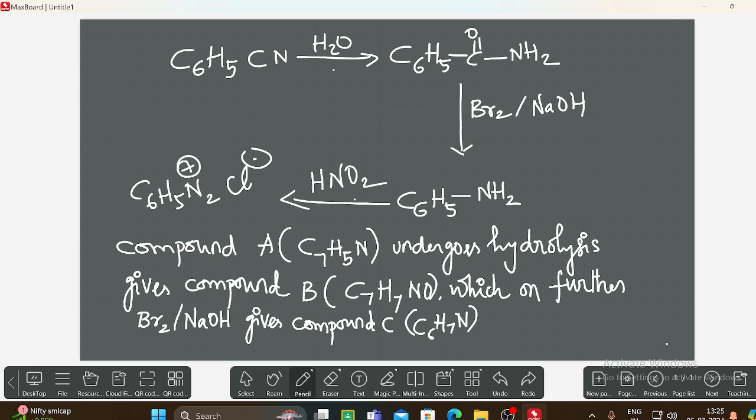Compound C treated with HNO2 gives compound D. Identify the compounds A, B, C, D and write the reaction involved in it.